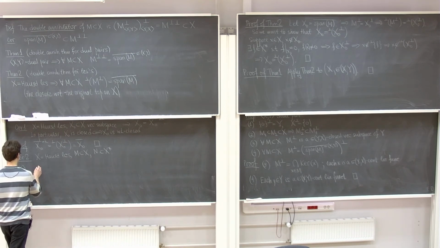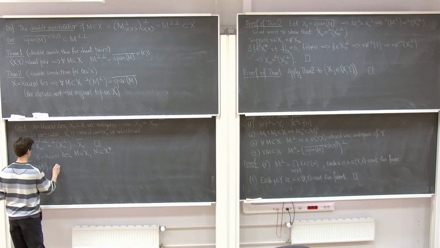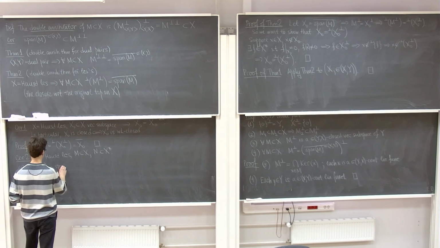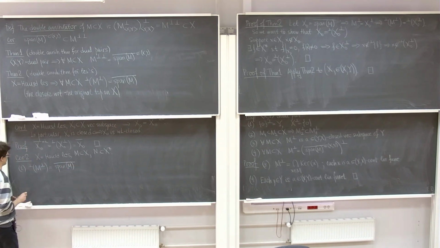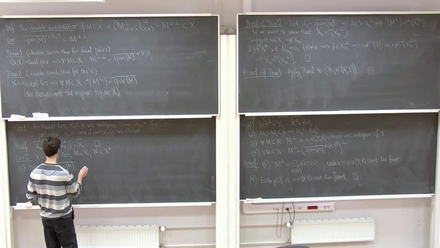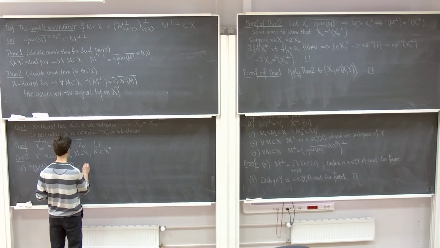First of all, we write again the double annihilator theorem, which states that the double annihilator of M is equal to the closure of the linear span of M. If we now combine this with corollary 1, we see that this is the same as the weak closure of the linear span.